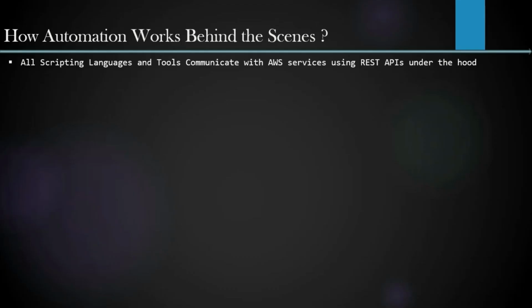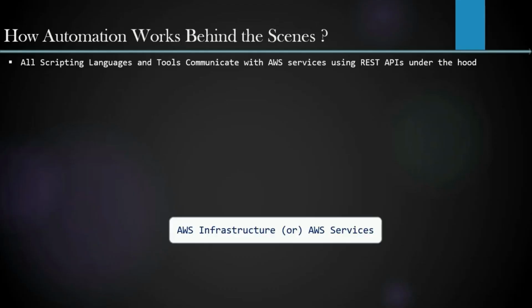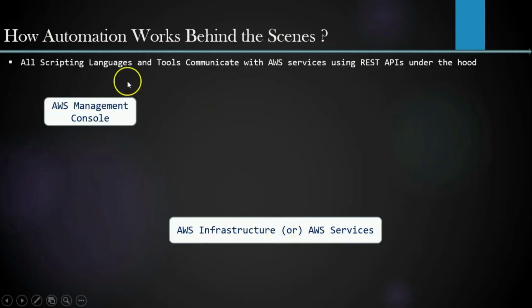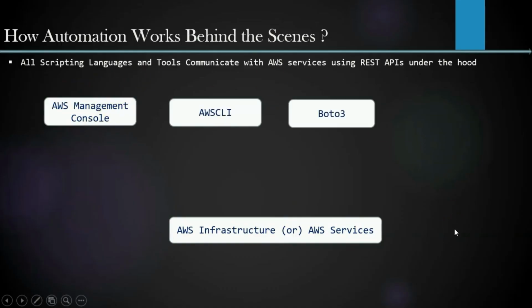Let me explain that. Assume that you have your AWS infrastructure or your AWS services. The easiest way to communicate with your AWS infrastructure is from the AWS Management Console. But apart from the AWS Management Console, we have some other tools like AWS CLI, Boto3, Terraform, Ansible, right?